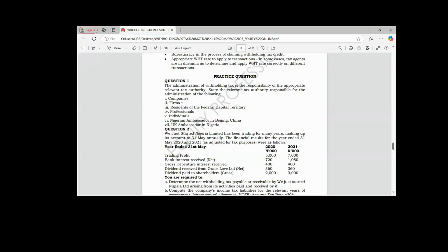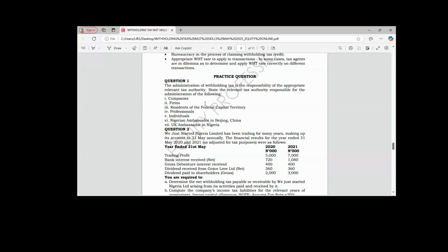The first thing is you need to look at what they mean by firms.